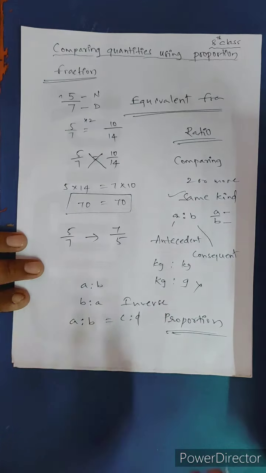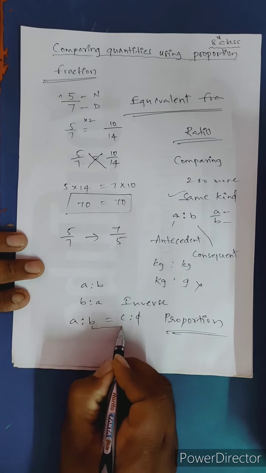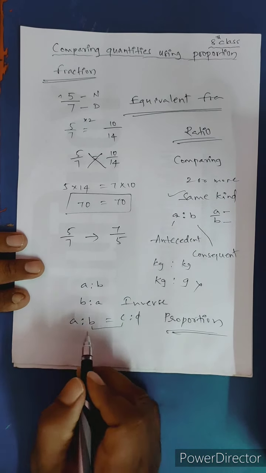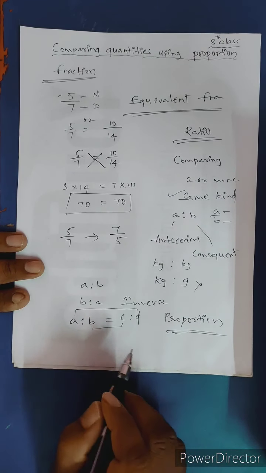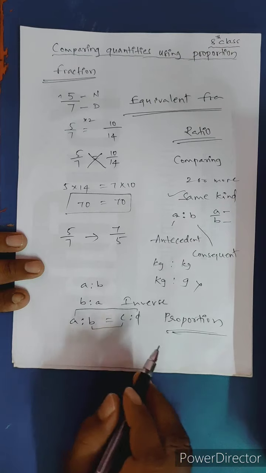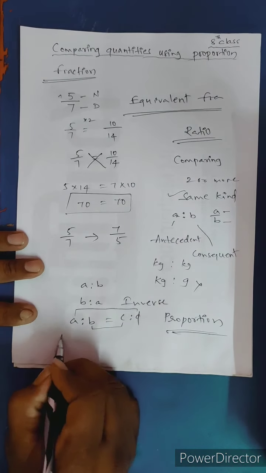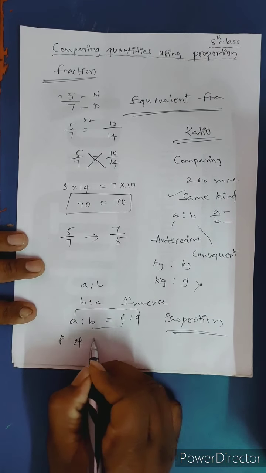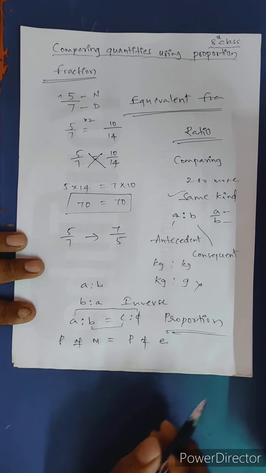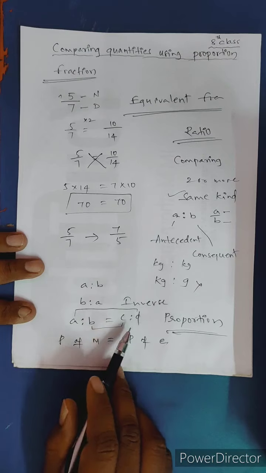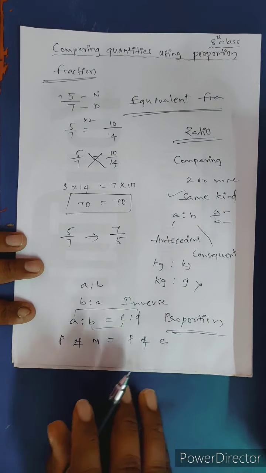Cross multiplication. Like here, the product of middle terms and the product of extremes, meaning first term and last term product, will come the same. So the product of means is equal to the product of extremes, to check whether these two ratios are in proportion or not.